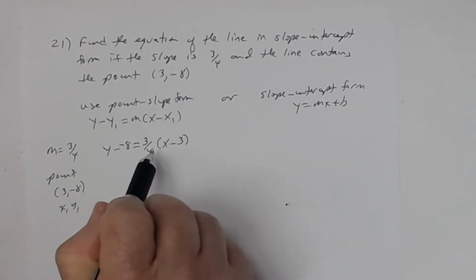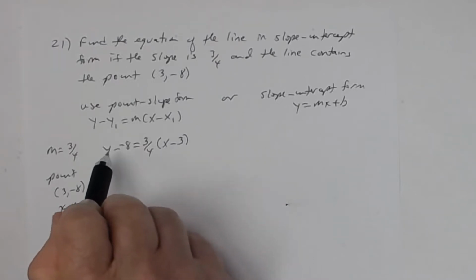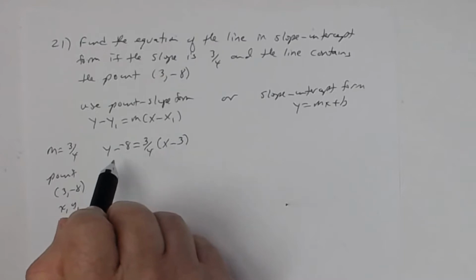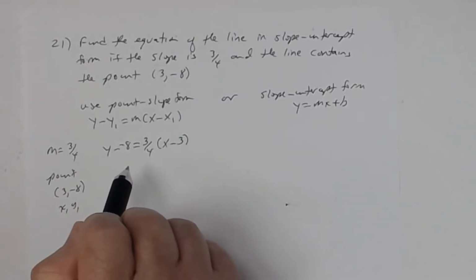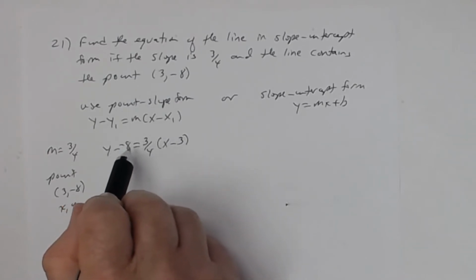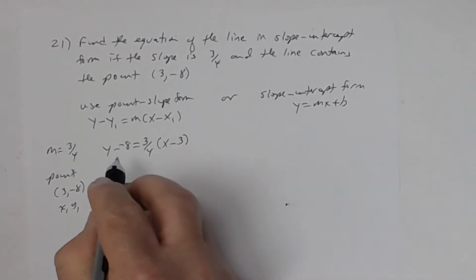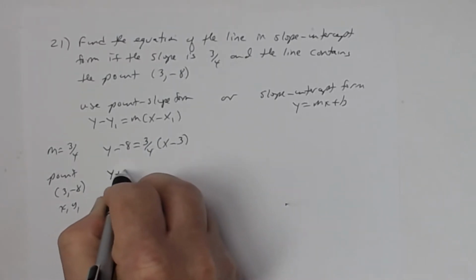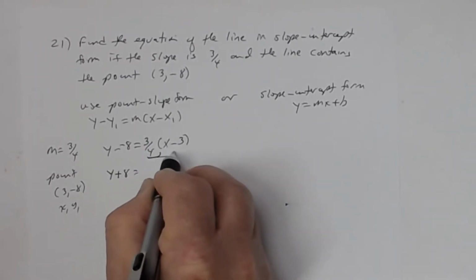Before I use the distributive property, you see where it says y subtract -8? You need to know that that means y plus 8. So it's important you write it as y plus 8, because remember, subtraction means adding the opposite. So the opposite of a -8 is a positive 8. So that becomes y plus 8 equals, and then we'll go ahead and distribute this.